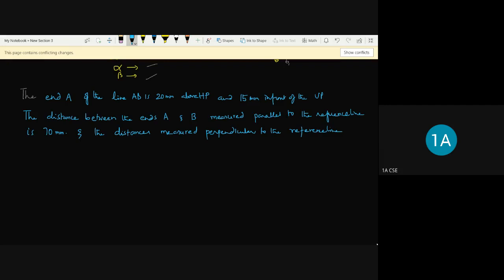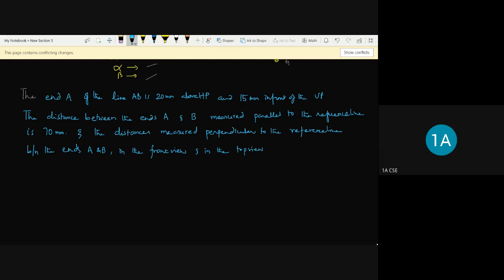between the ends A and B, in the front view and in the top view.